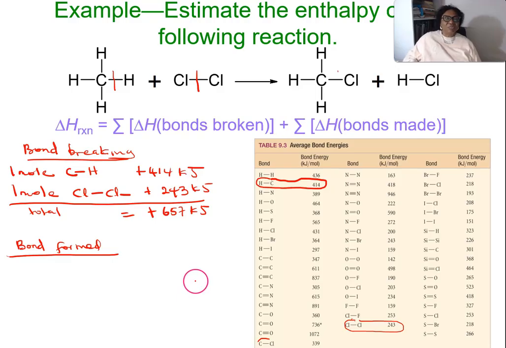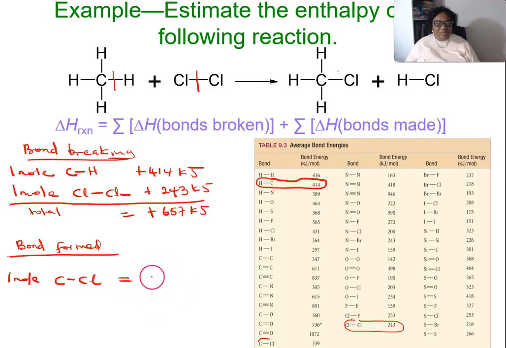The bonds that are formed: we have carbon-chlorine, one mole of carbon-chlorine, that's minus 339 kilojoules. Then hydrogen-chlorine, one mole of hydrogen-chlorine.